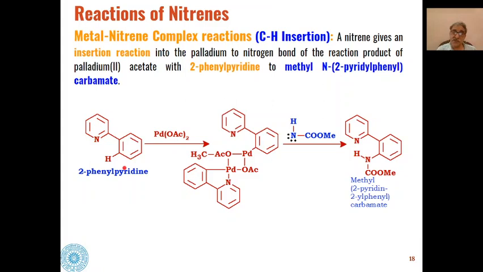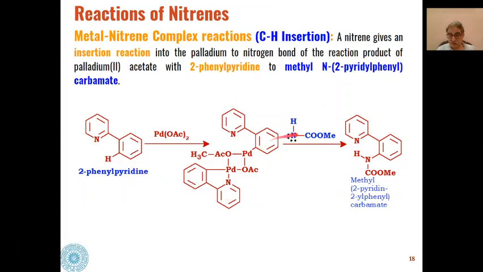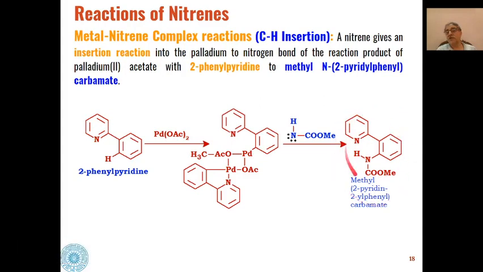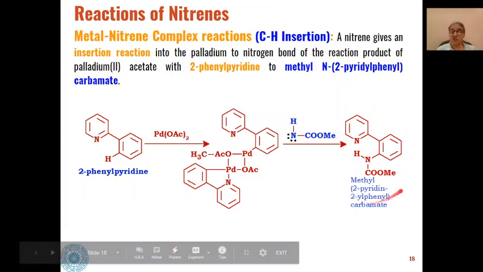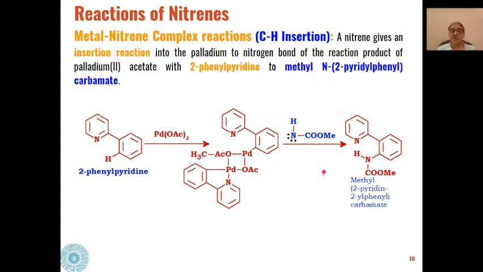So first, this hydrogen has been replaced by palladium, giving a carbon-palladium bond in the transition state, with the elimination of acetate from palladium acetate and hydrogen from here. Then the nitrene will add to this position and this position of this molecule, and we will get methyl 2-pyridyl phenyl carbamates. So these types of carbamates are formed as the product, and the reaction is a carbon-hydrogen insertion reaction.